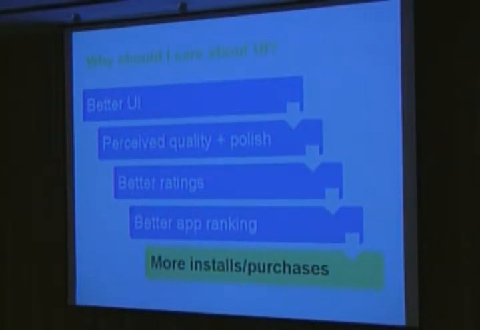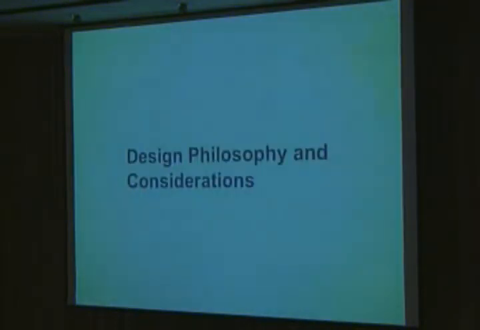Because of that, your application will have better ratings, and then you will probably have a better ranking in the Android market. As a result, your application will have more installs and more purchases. Hopefully, you will make more money because of that.